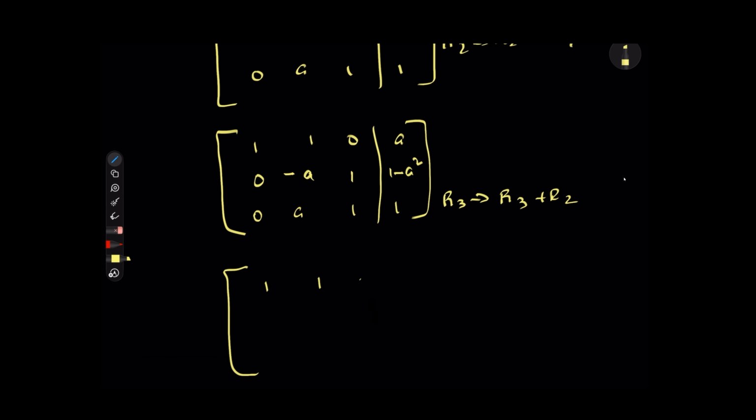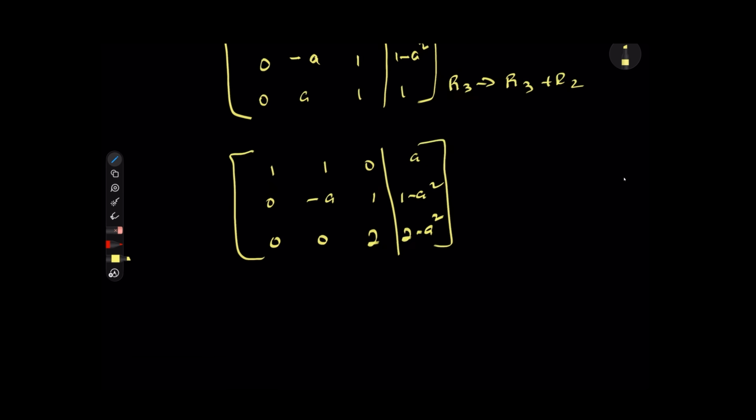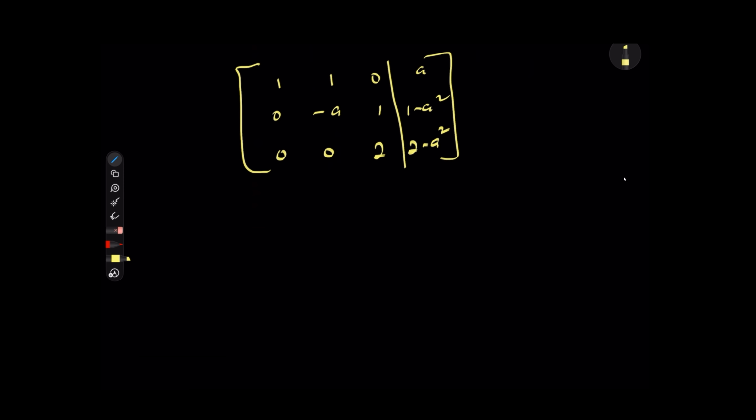I have 1, 1, 0, A; 0, negative A, 1, 1 minus A squared; 0, 0, 1 plus 1, that will give me 2, and then 1 plus 1 minus A squared is 2 minus A squared. Okay, so this is my quote-unquote row reduced matrix here.